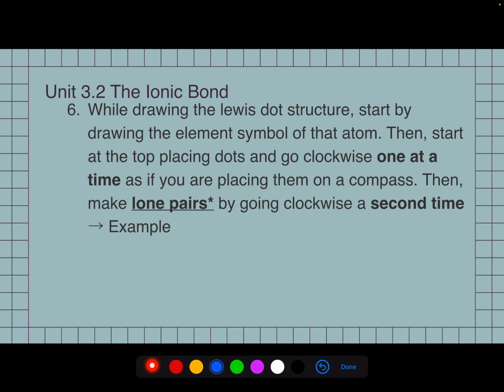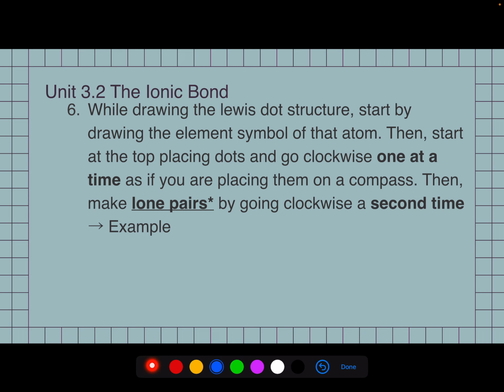Then start at the top, placing dots and going clockwise, one at a time, as if you are placing them on a compass. Then make lone pairs by going clockwise a second time. That is what you could write word for word, or you could draw the picture. It's totally up to you.